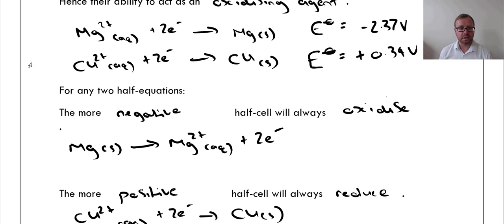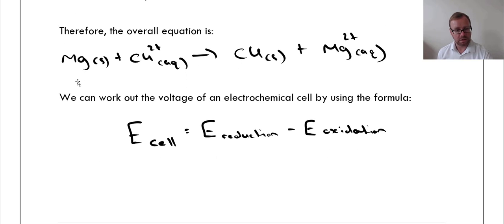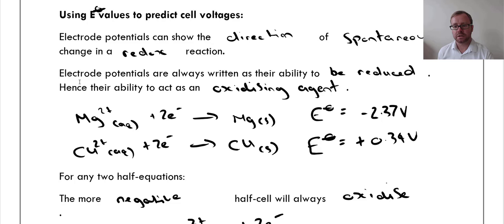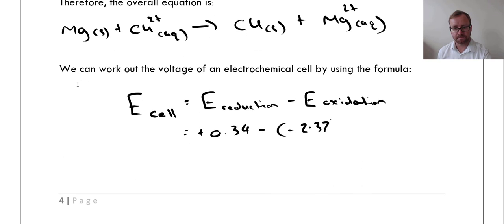So we decided that copper is being reduced, so that is 0.34 minus minus 2.37, is that correct? Let's check. Yes, minus 2.37, which gives me a value of plus 2.71 volts. Okay, so this tells me the cell voltage is plus 2.71 if I connect these 2 half cells together.